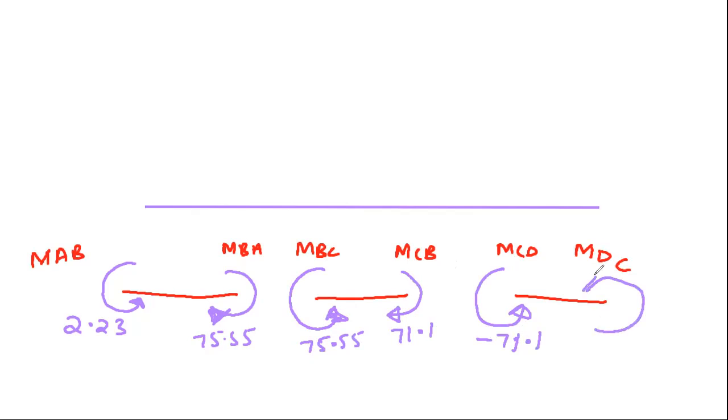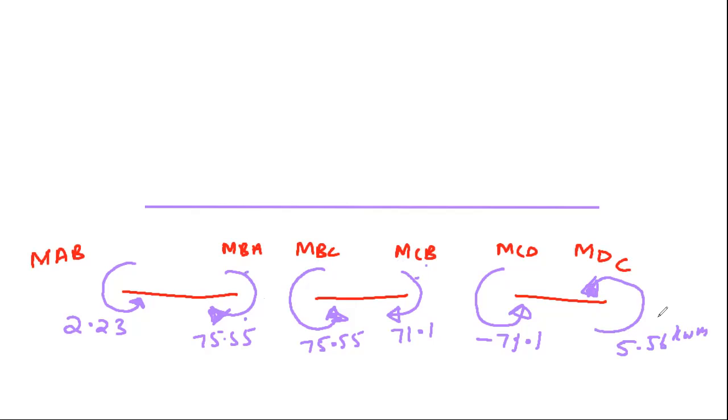Don't forget to look after this anti-clockwise, because minus means anti-clockwise. You see at MBA and at MCB values are positive, but at MDC it is anti-clockwise. So this value is 5.56 kilonewton meter.